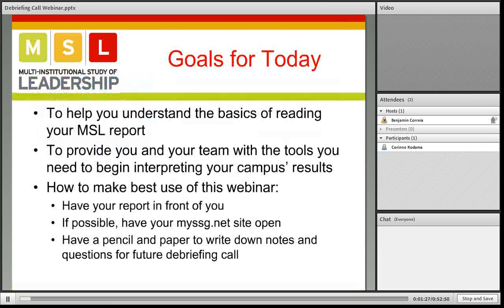The goals for today are to help you understand the MSL report, how it's set up, and how you can read it in preparation for the debriefing calls, which will be coming up shortly after this. We also want to introduce you to the resources that are available to you.